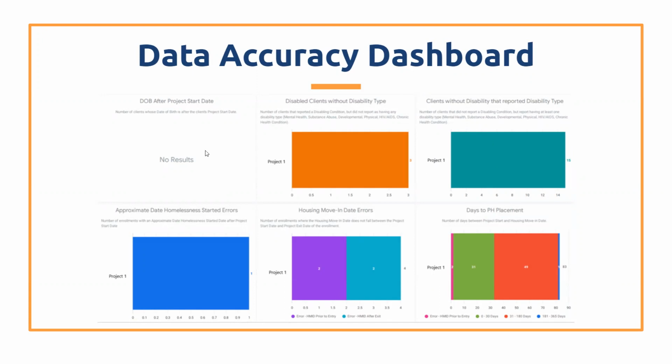So you can see we have clients with a date of birth after their project start date. That should not happen because that doesn't make any sense. You can't be enrolled in a project before you're born. So that's a measure on there. We also have charts looking at clients that said they were disabled but don't have a disability type entered, as well as the opposite.